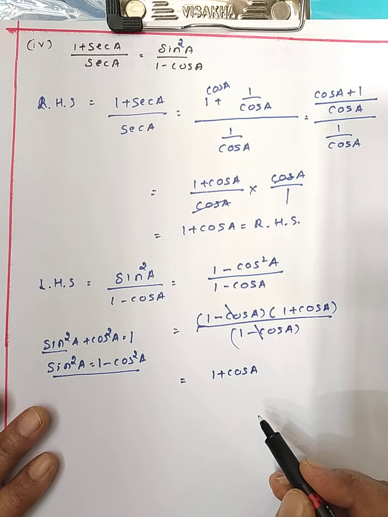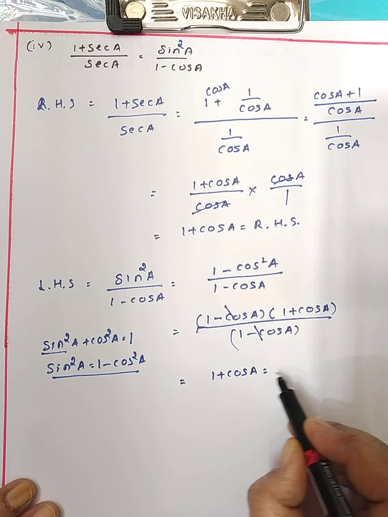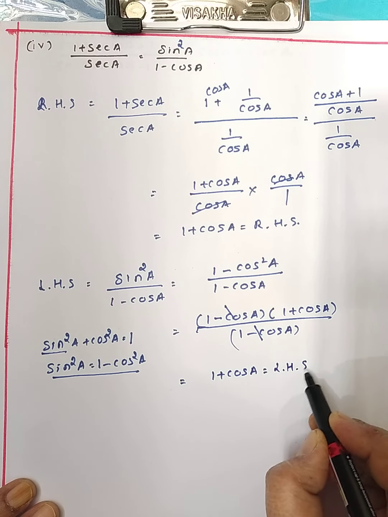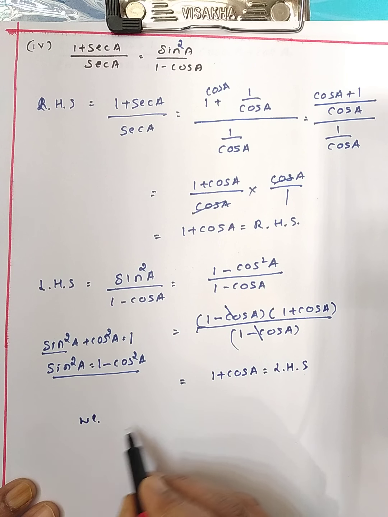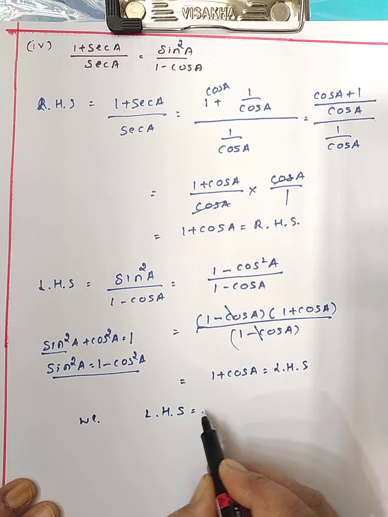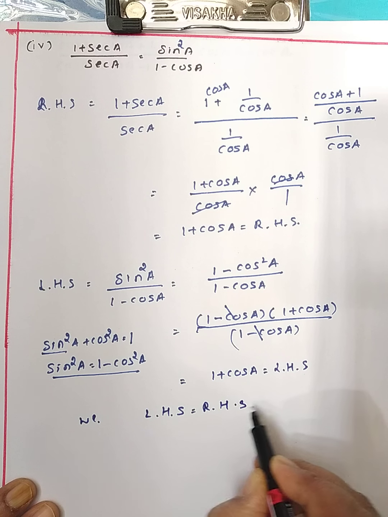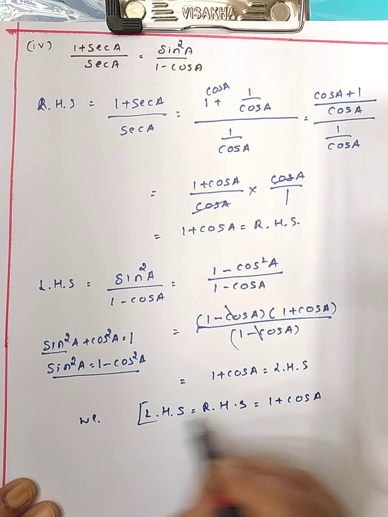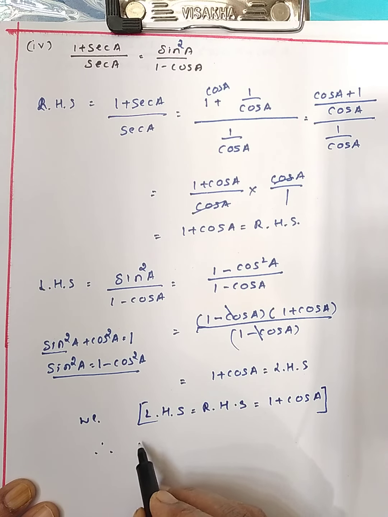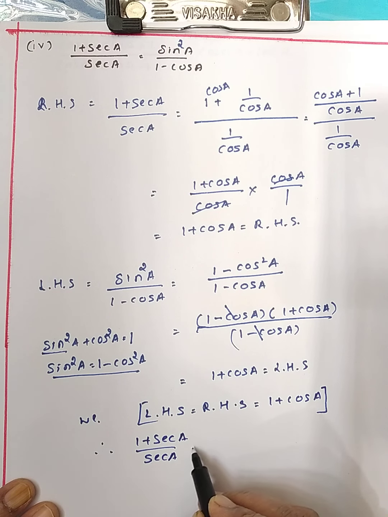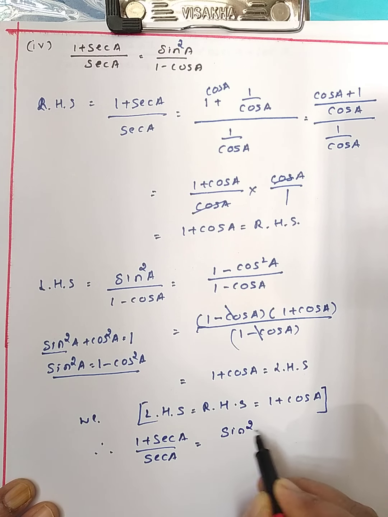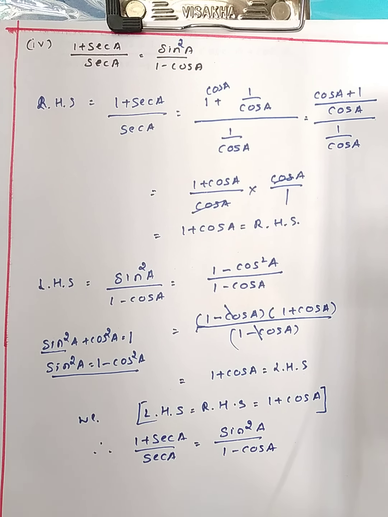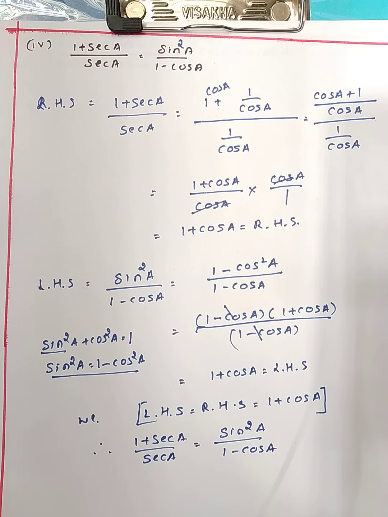So this is LHS, and we have proved that LHS equals RHS, that is 1 plus cos a. Therefore 1 plus sec a by sec a equals sin square a by 1 minus cos a. We have proved the question here.